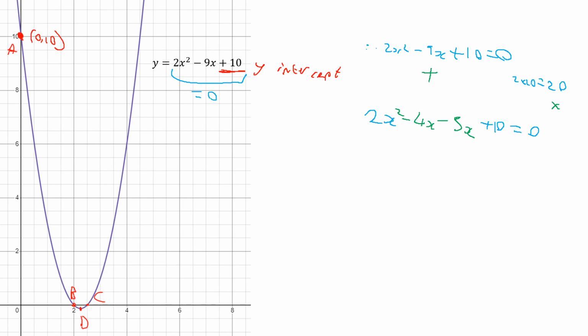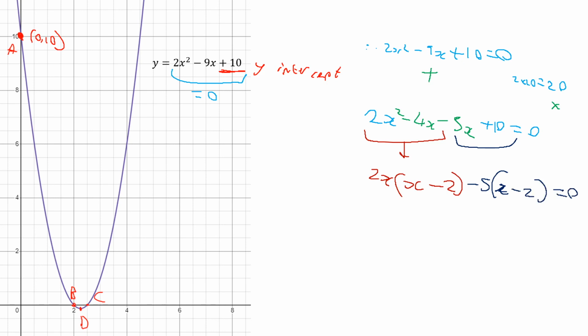So then this becomes 2x times x minus 2. And this becomes minus 5 times x minus 2. Sorry, x minus 2. And so we're left with 2x minus 5 times x minus 2 is equal to 0.